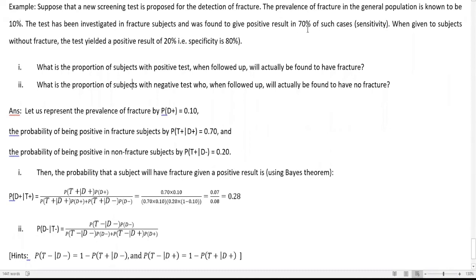It is also given that somebody tested positive and also has the fracture, that is 70%, which is sensitivity. And the other thing given is somebody tested positive but has no fracture, that is 20%. Okay.